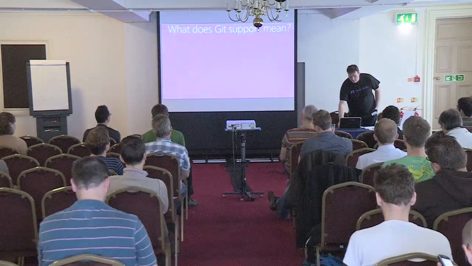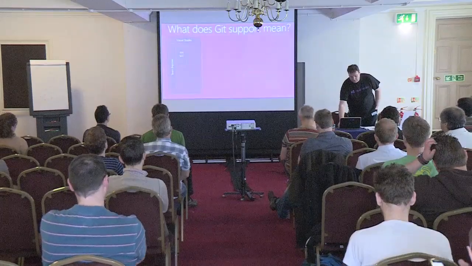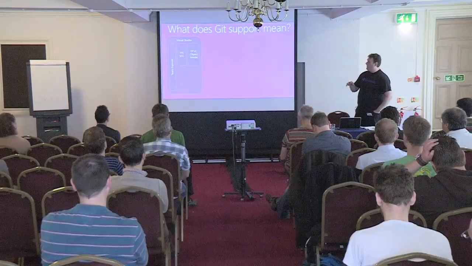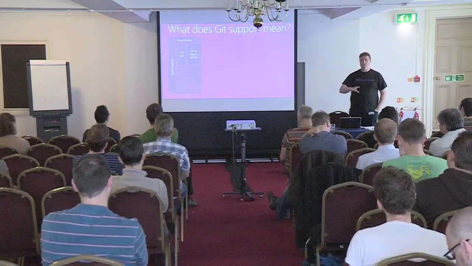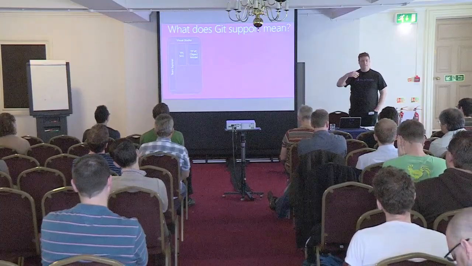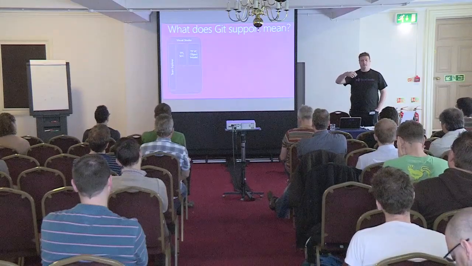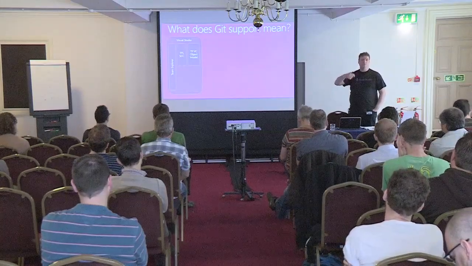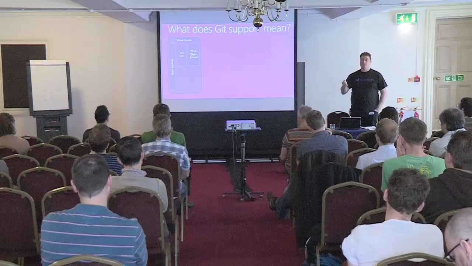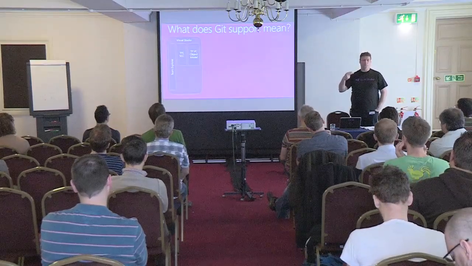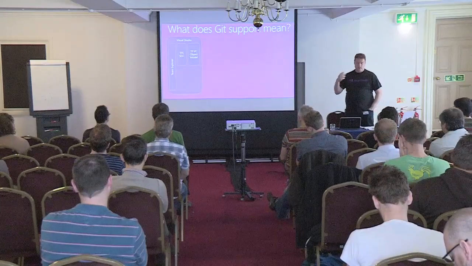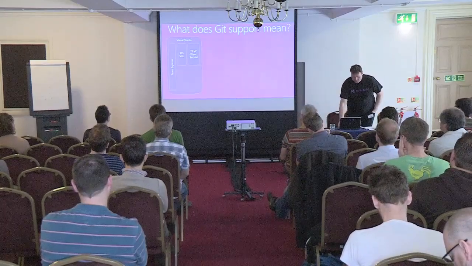So, what do we really mean by this? Well, if you look at Visual Studio, the way that we work with a version control system is through Team Explorer. It has a couple of layers. Essentially, it talks, in our case, to what's now been renamed the Team Foundation Version Control object model. So TFS, within that, you can now choose either Git or Team Foundation Version Control as the repository.